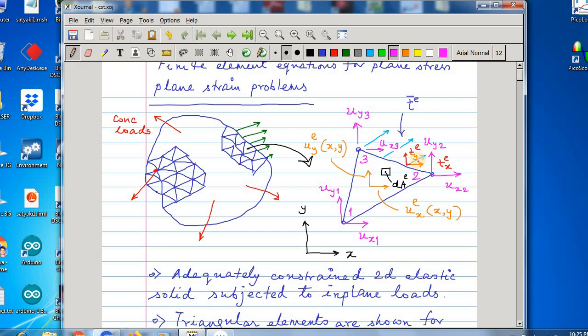This vector has two components: one in the x direction which we call txe, and one in the y direction which we call tye. These txe and tye are also functions of x and y, but they are defined only on the surface 2, 3. For some other element it may be defined on edge 1, 2 or on edge 1, 3.